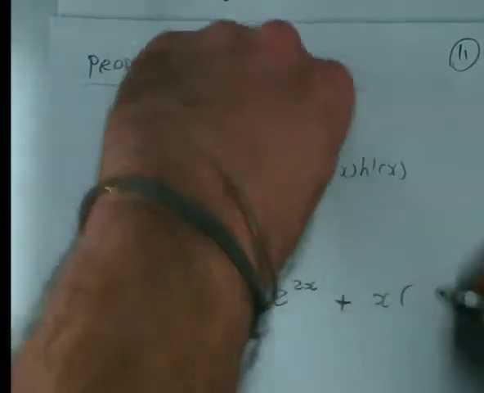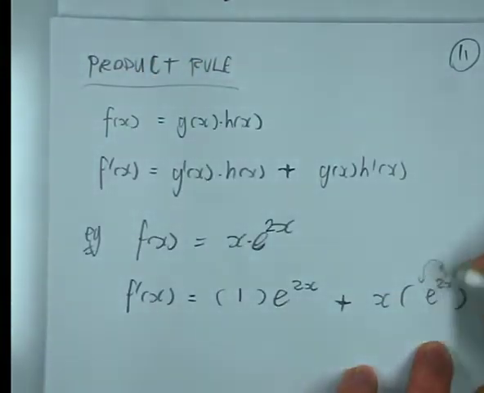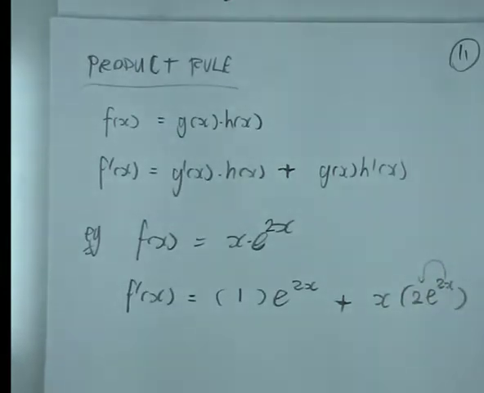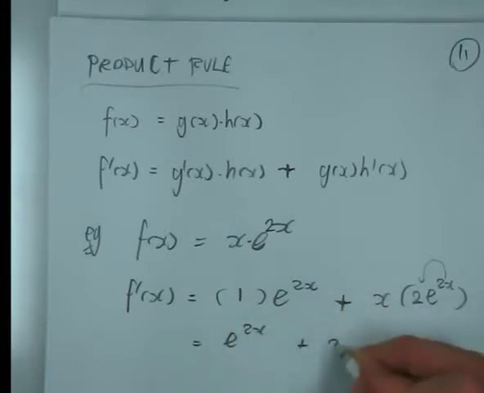So if it was just an x, it would give me e to the x, but it's not an x, it's a 2x, so I have to multiply by the derivative of the inside, and I'll get that. And so I'll get e to the 2x plus 2x e to the 2x. Because of course it's tradition to bring your plain numbers to the front of your term. And you can combine the product rule with the chain rule, which is what I did there.